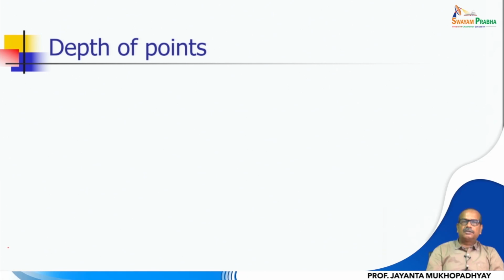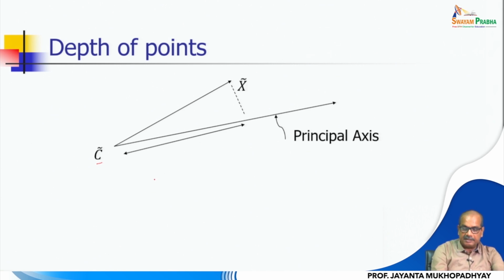Another thing that follows from this discussion is that we can define the depth of a point. What is the depth of a point? Suppose this is the point, which is also a three-dimensional scene point. The depth is the distance of this point along the principal axis.